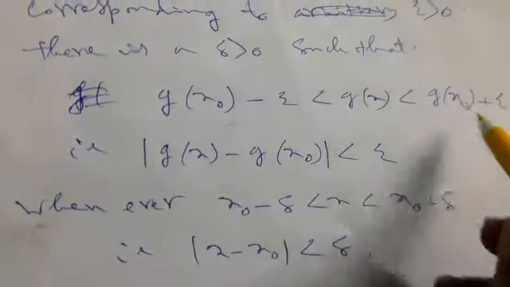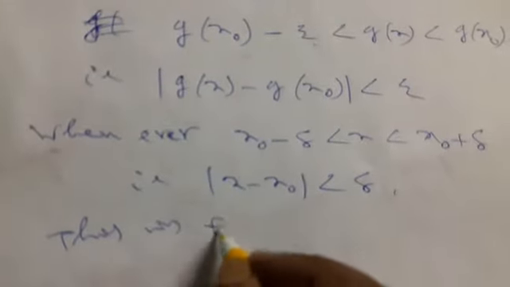That means corresponding to each epsilon greater than 0 we find this result. This is an epsilon neighborhood, and correspondingly we find a delta neighborhood.